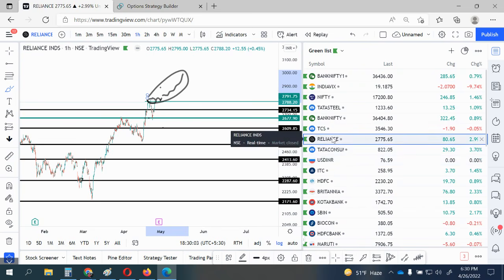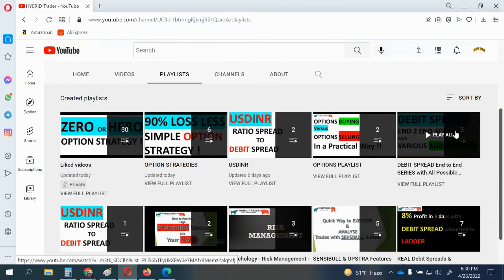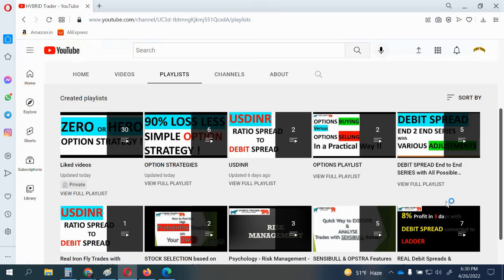So just go for the top 20 to 30 Nifty stocks, or go to each sector and select the top two leaders in that industry. I've discussed everything in my debit spread videos. Again and again, I'm telling you, friends, this is very important. Go to my debit spreads, and I'll keep adding all the important videos as and when I come across them.